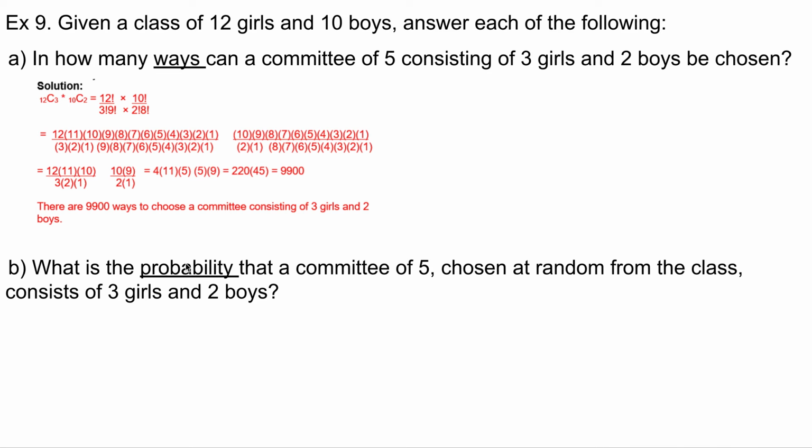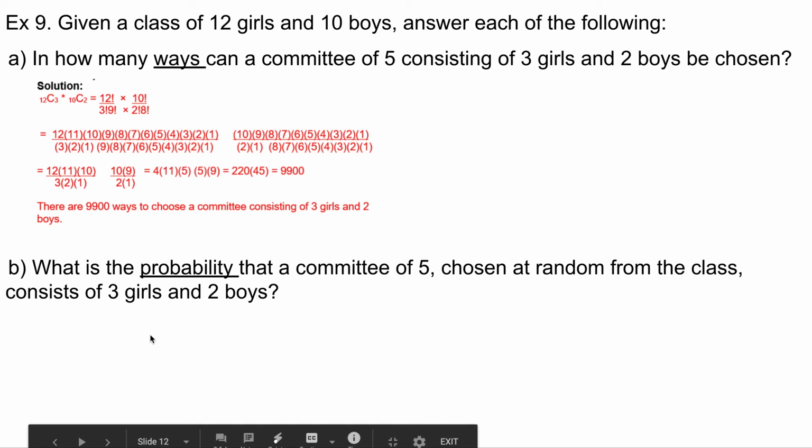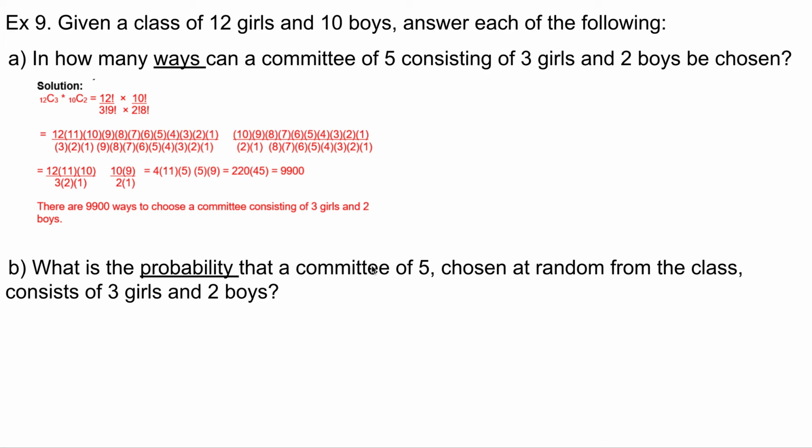What is the probability that a committee of 5 chosen at random from the class consists of 3 girls and 2 boys? To find the probability, you need to find every case of forming the committee of 5. That will be your denominator, right? What's your numerator? The specific case where your committee is 3 girls and 2 boys.